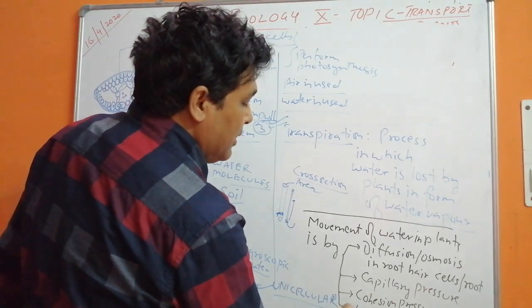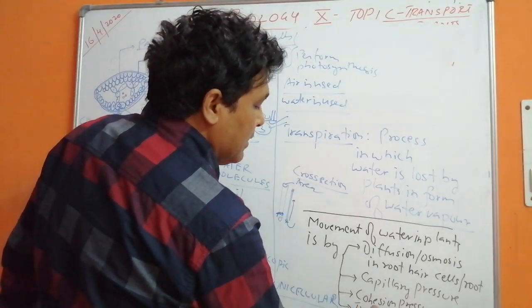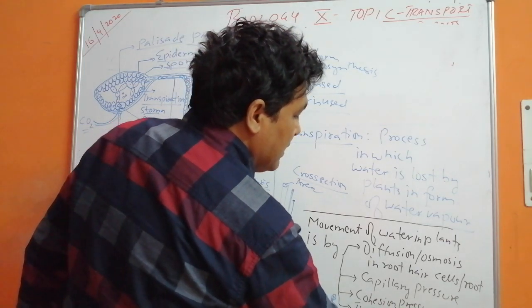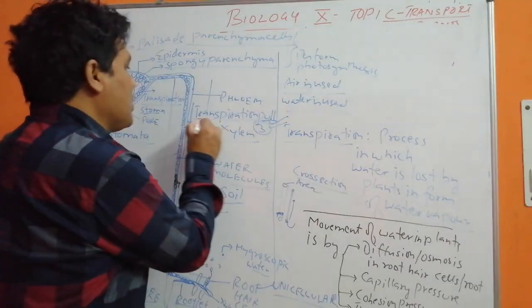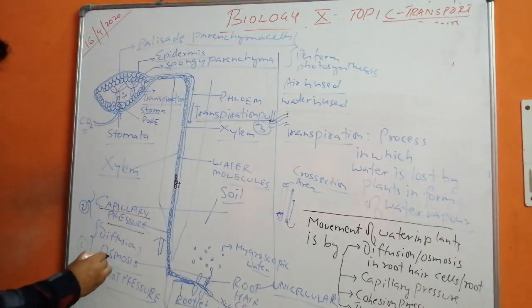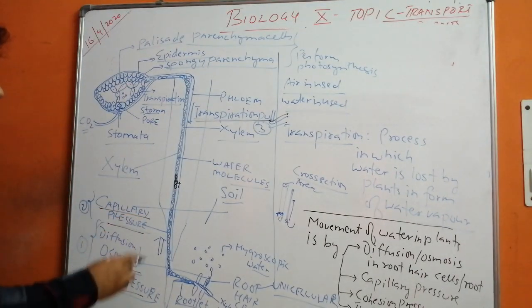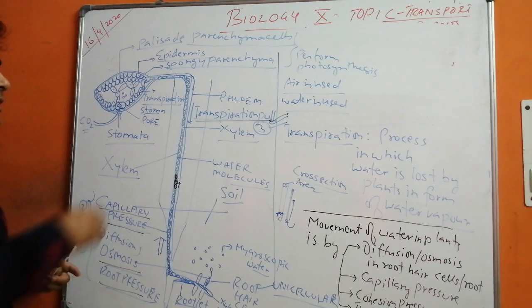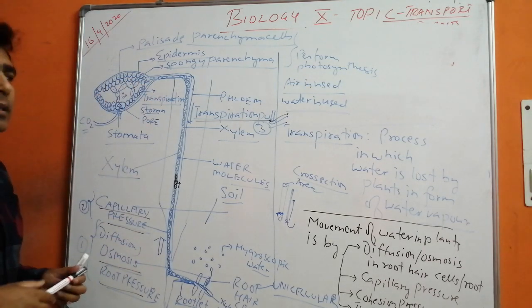Then last is your transpiration pull. So transpiration pull, capillary pressure, osmosis or root pressure, they all are going to move the water in the plants. This diagram is important.